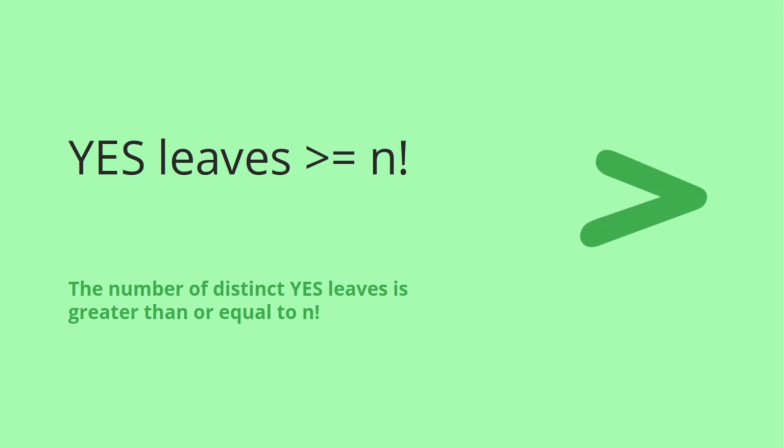Now this brings us to our third claim, which says that the number of yes leaves will always be greater than or equal to n factorial. Let us see the proof for it.